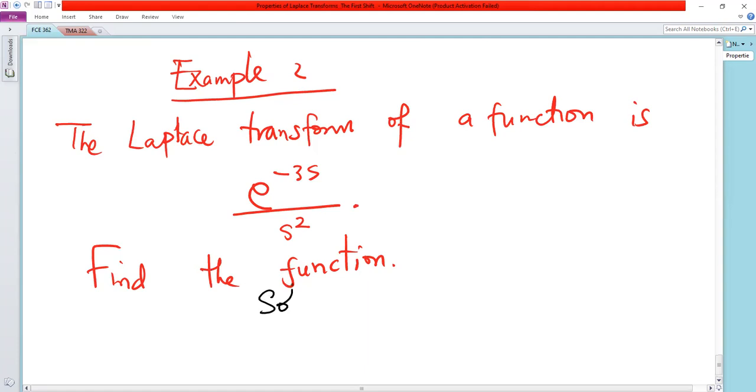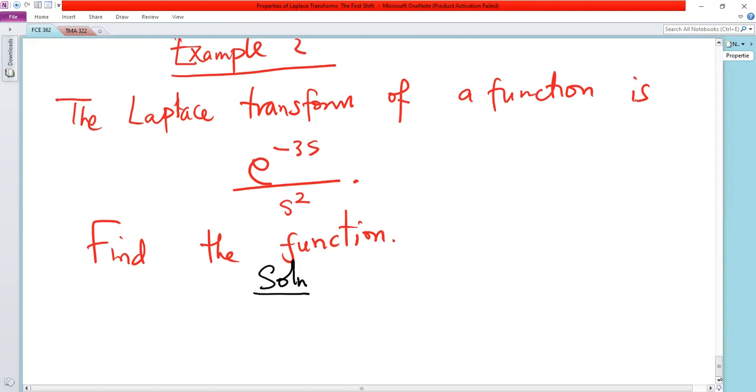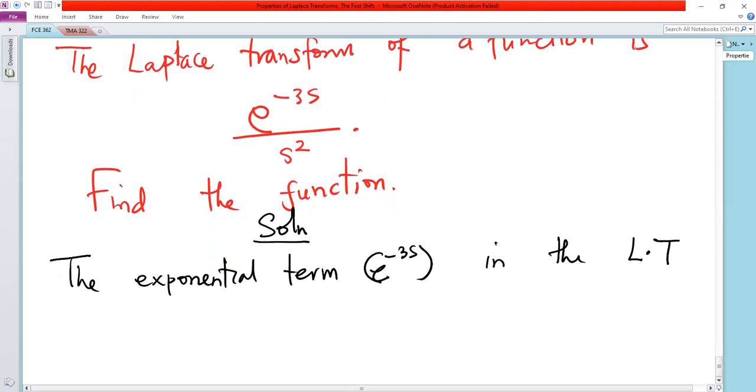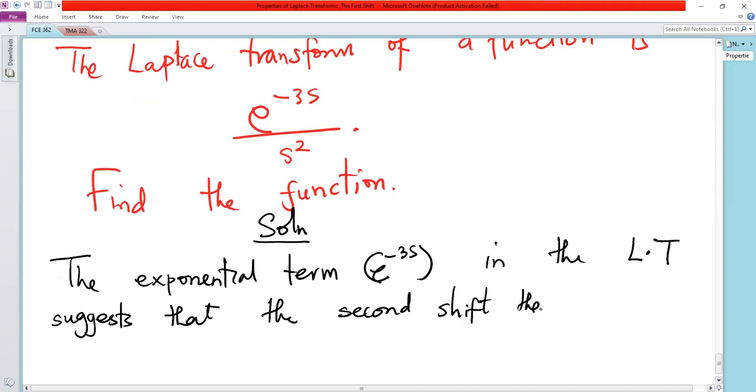So solution, we say the exponential term e raised to minus 3s in the Laplace transform suggests that the second shift property, or theorem, is used.